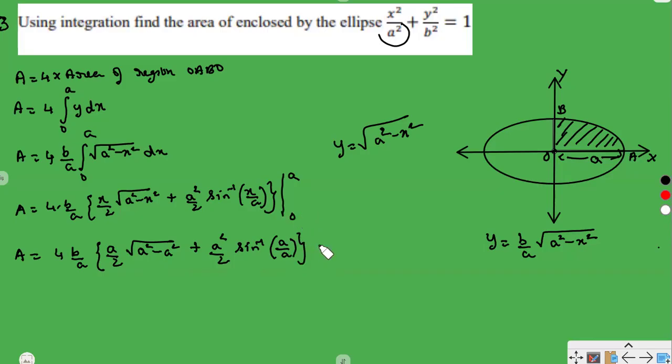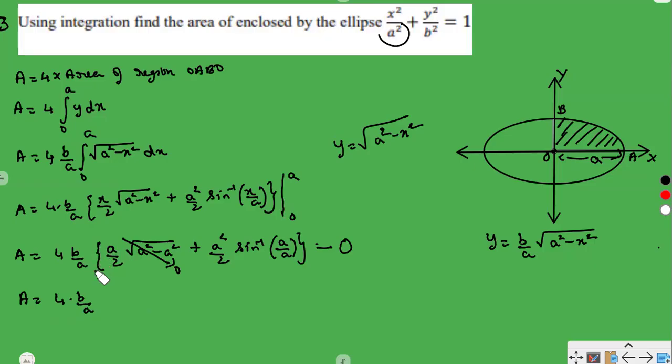Similarly, I have to put the lower limit, wherever there is x, I substitute 0. But the moment I substitute 0, the term becomes 0, so anyway we get 0. Now, a square minus a square is 0.